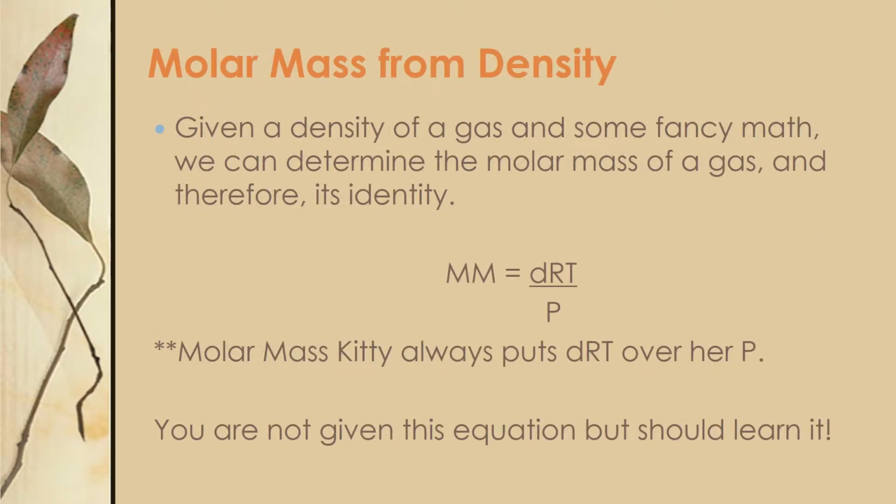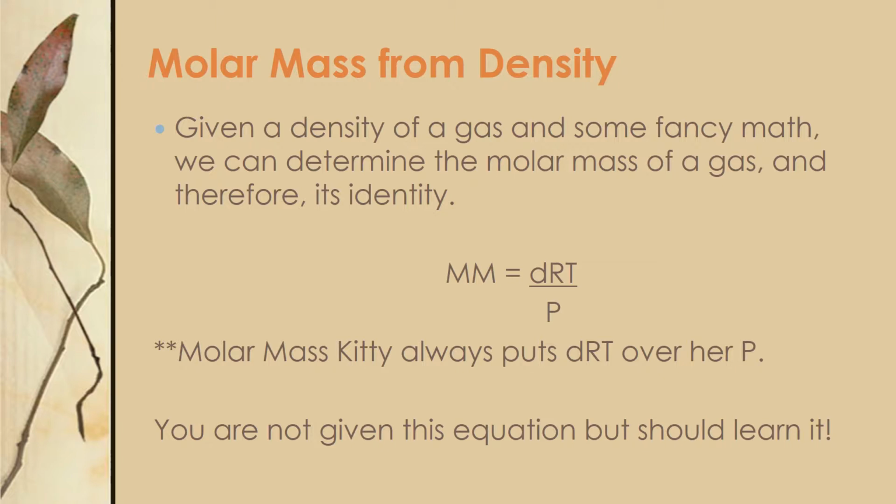Now that we have this whole R gas law constant, we can do a few things with it. If we know the density of a gas, doing some fancy math, we can derive from the ideal gas law a formula that allows us to calculate the molar mass of a gas, and therefore its identity.